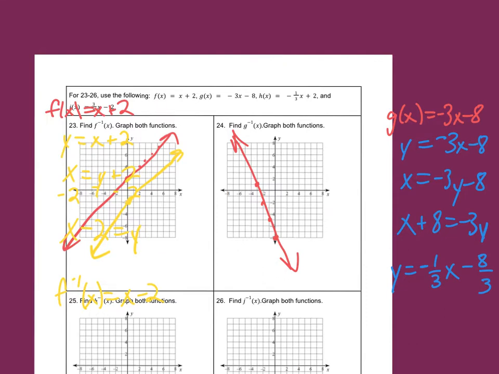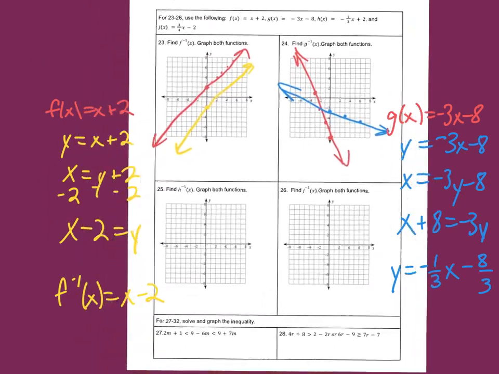And to graph that, -8/3 is just going to be like a negative almost 3. So like right about here. And then drop down 1, go right 3, down 1, right 3. So it's going to be kind of a, ooh, that was bad. There we go. Like that. Okay.